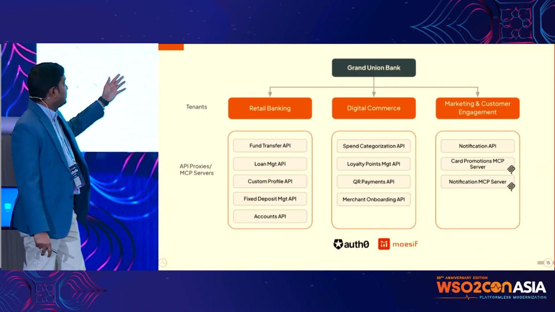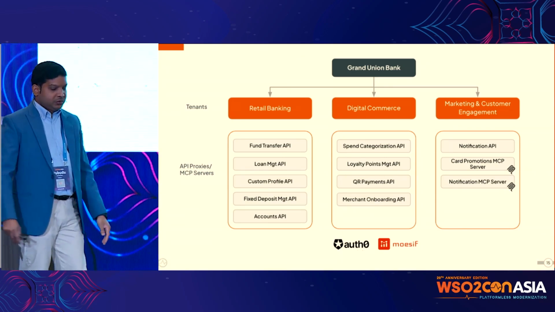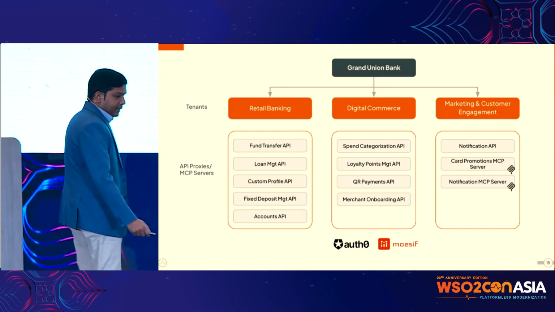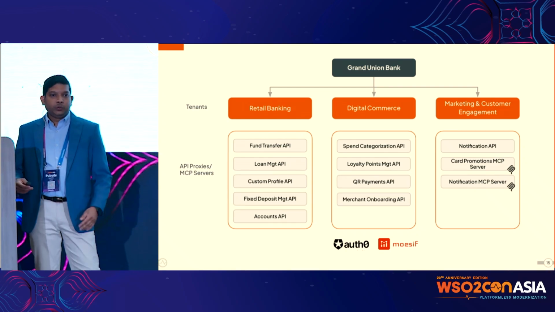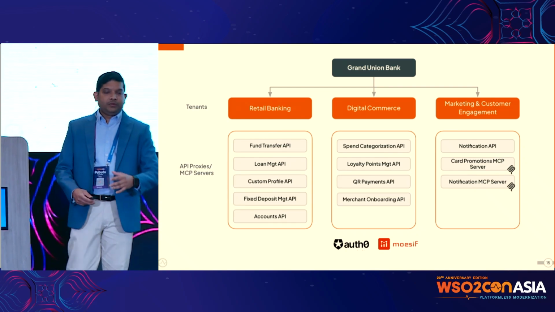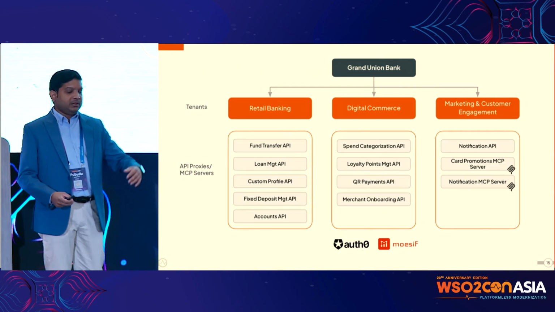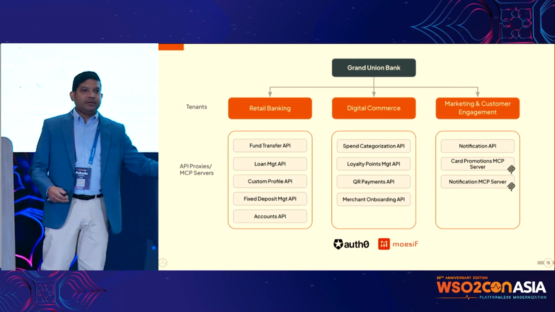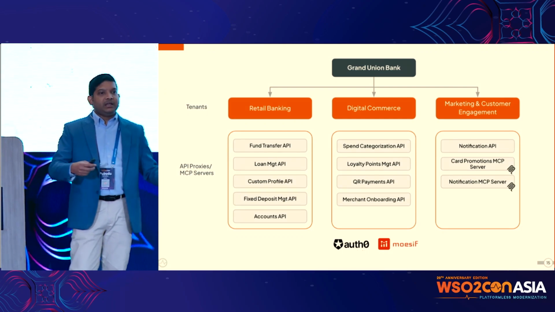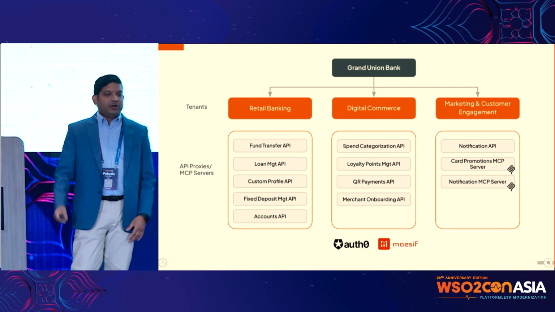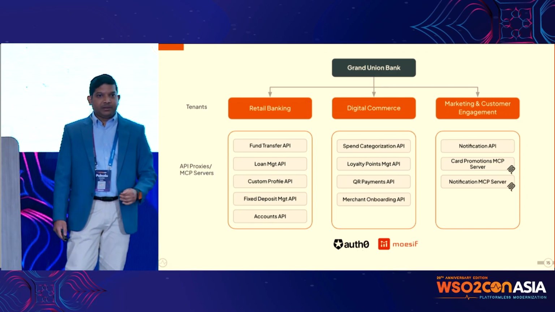So fund transfer, loan management, so these are some of the APIs that they have. So in the first demo, I'll quickly go through the end-to-end flow for you to understand the user behavior and how these different personas get engaged in different stages of the life cycle of API management.